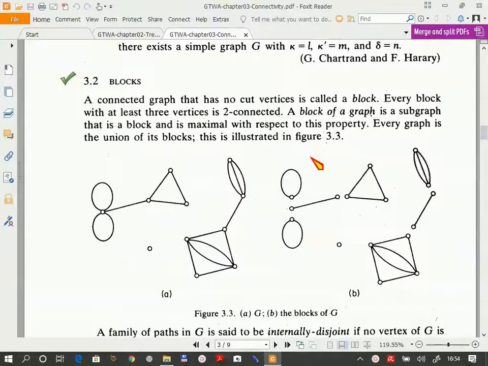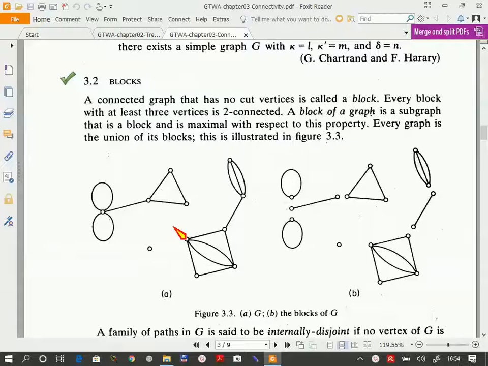Blocks. A connected graph that has no cut vertices is called a block. Every block with at least 3 vertices is necessarily 2 connected. A block of a graph is a subgraph that is a block and is maximal with respect to this property. Every graph can be considered the union of its blocks.